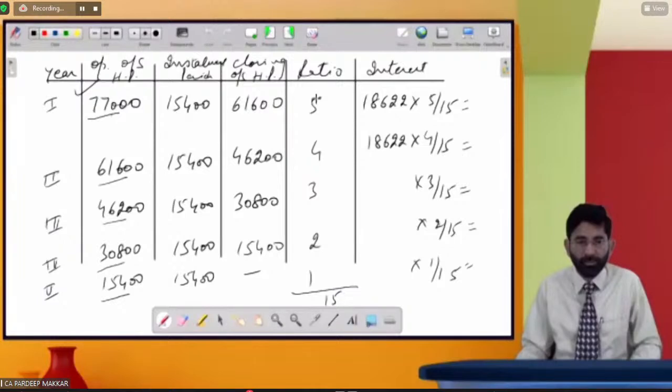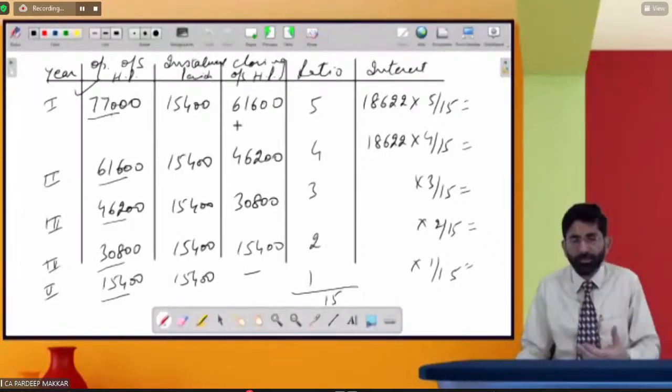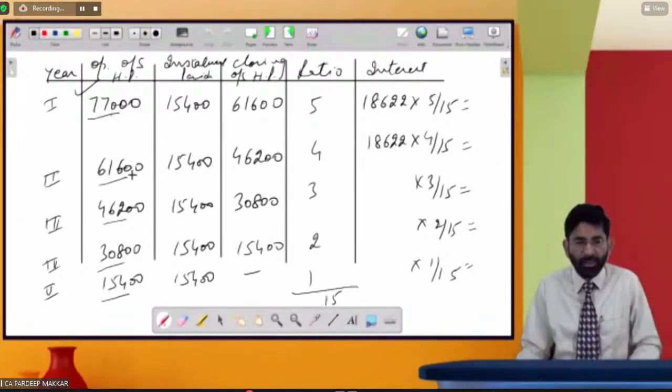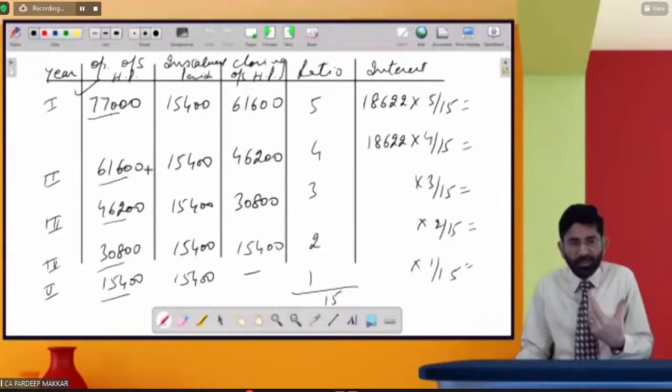And in the beginning, I have done one good thing for you. When this was 77,000, I deducted the installment from it. It becomes 61,600. Now think about how it has been framed. While doing this question, I have checked it out. 61,600 is the opening balance. Now, I separated 60,000 and 1,600 in my mind.